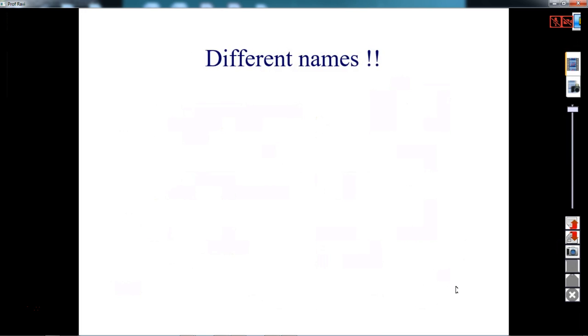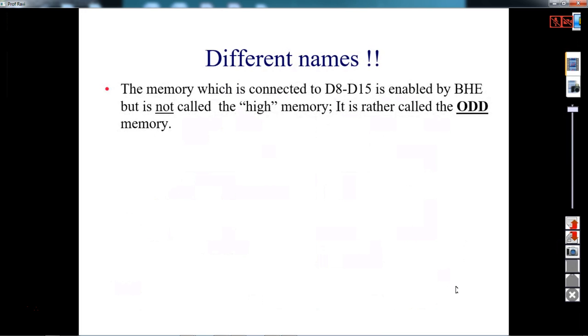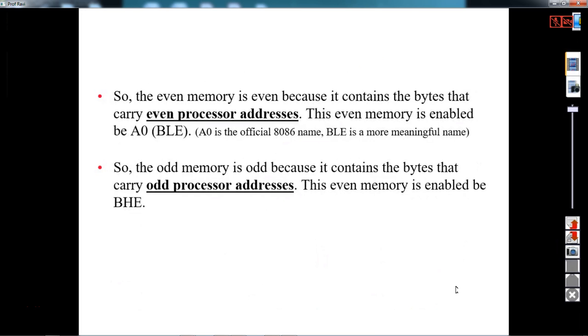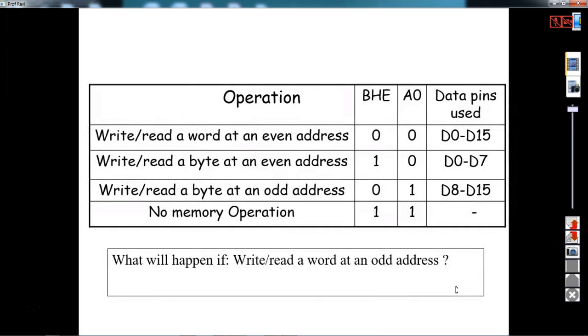The memory which is connected to this is called odd memory and even memory. Already this we have seen. The even memory is even because it contains bytes that carry even processor addresses, and the odd memory carries odd processor addresses. And for read and write operation, 1 and 1 means no memory operation is what you can consider.